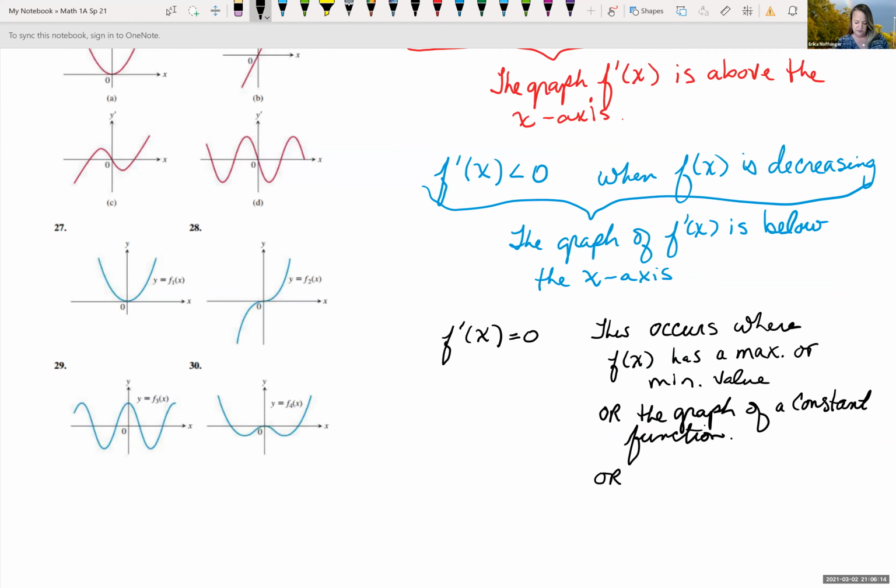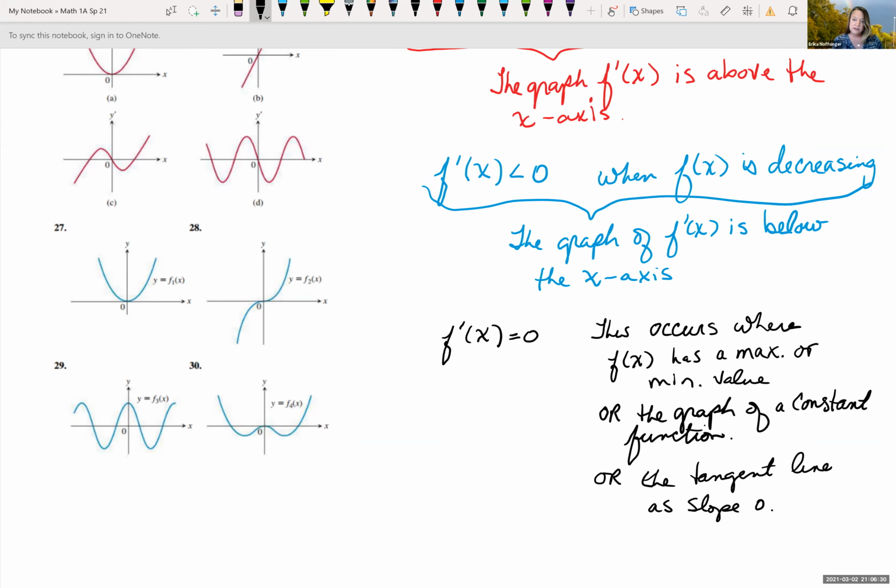Or the tangent line has slope 0, which would occur on the max or the min.